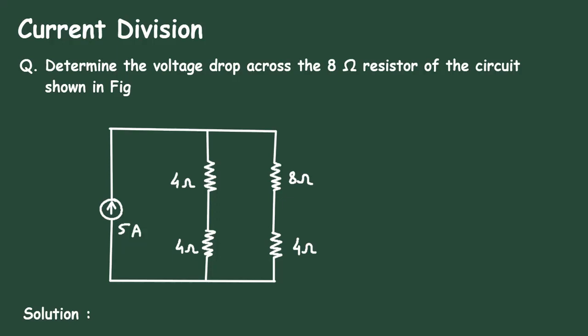So let's draw the circuit. So this is 9 ohm resistance and this is also 9 ohm resistance. These 9 ohm resistances are connected in series, and they are connected in series with a parallel combination of two 2 ohm resistances. So this will be of 2 ohm, also this will be of 2 ohm.